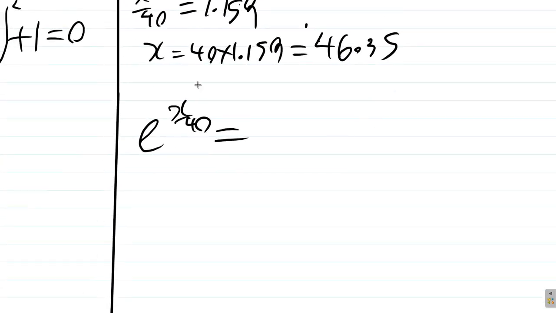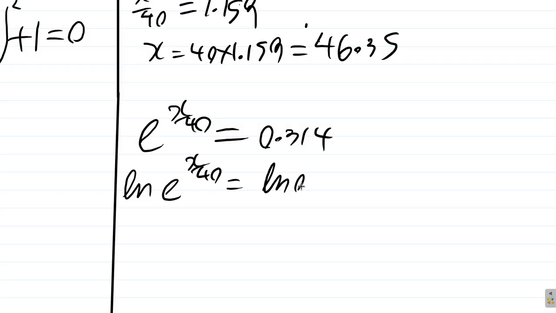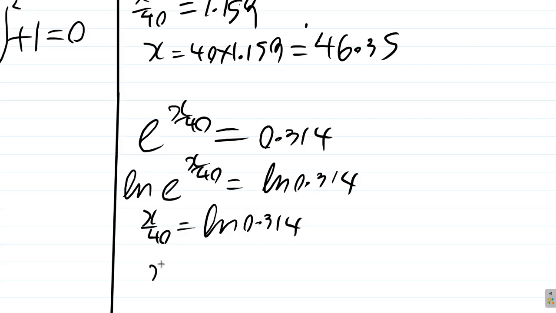Now in the other case, you have e to the x over 40 equals 0.314. Now, ln of e to the x over 40 is equal to ln of 0.314. So x over 40 is equal to ln 0.314. So x will be 40 times ln 0.314.